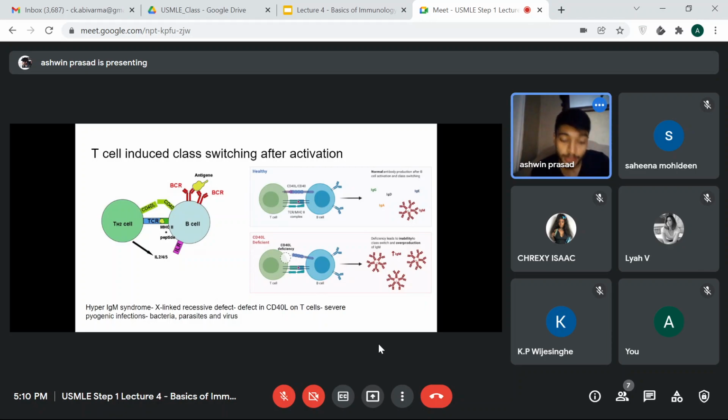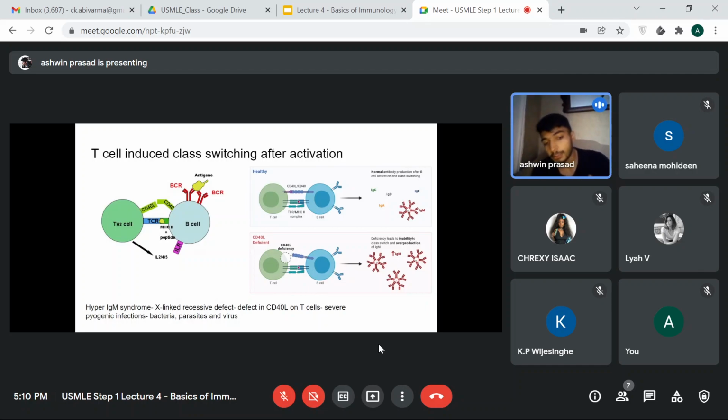All of these immunoglobulins are not made, so the person with this syndrome is susceptible and vulnerable to all those infections by parasites, by different bacteria, by different viruses, because of which his lifespan is majorly affected.